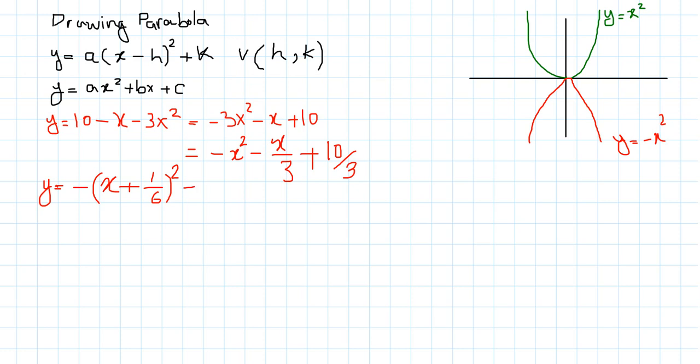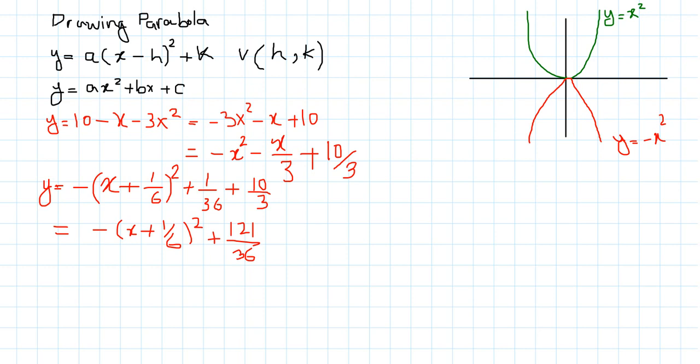So I should get rid of this 1 over 36 by adding it to this 10 over 3. Okay, it will be minus x plus 1 over 6 squared plus 121 over 36.